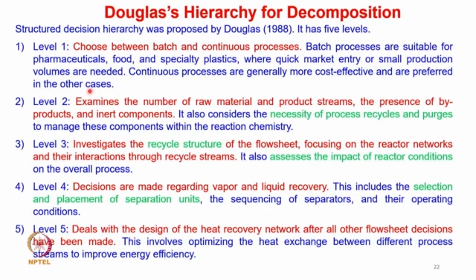In level 2, we examine the number of raw material and product streams, the presence of byproducts and inert components. It also considers the necessity of process recycle and purge. Depending on what type of raw material we are using, it gives the information on whether recycle and purges are required or not.